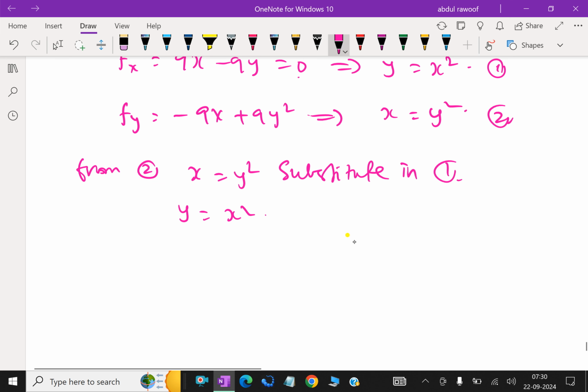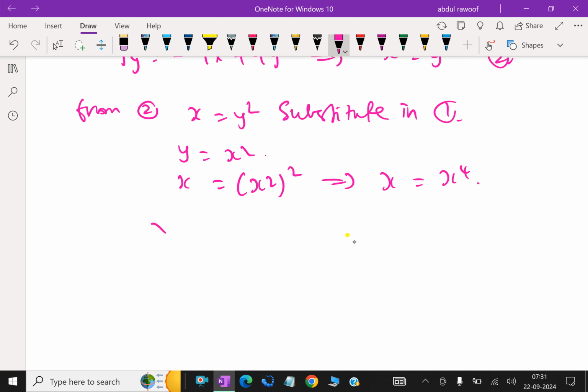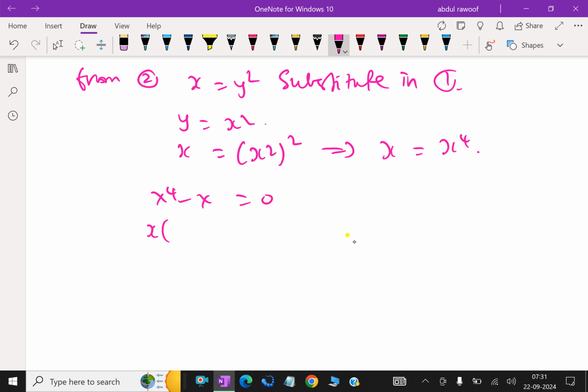Therefore x equals y squared, and y is x squared, so x equals (x squared) squared, which gives x equal to x to the power 4. Therefore x to the power 4 minus x equal to 0. Taking x common, x into (x cubed minus 1) equal to 0, which gives x equal to 0 and x cubed equal to 1. These are the two values: x equal to 0 and x cubed equal to 1.